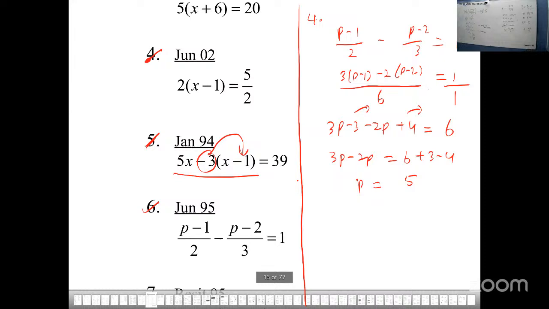As I said, the next option would have been to take the product of all the denominators and multiply every single term by 6, and you'll get the same answer. The 2 into 6 gives you 3, 3 into 6 gives you 2 there, then when you bring across, you'll get the 6. So you'll get the same answer.